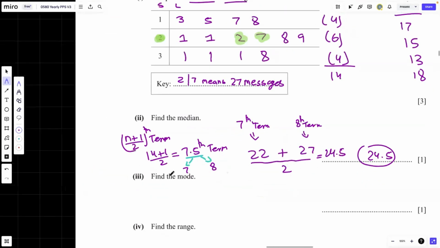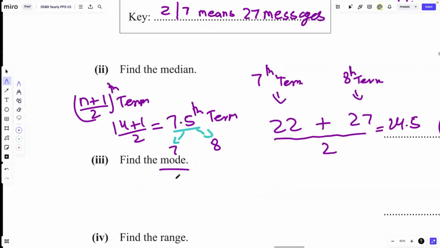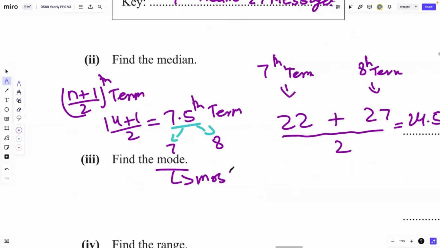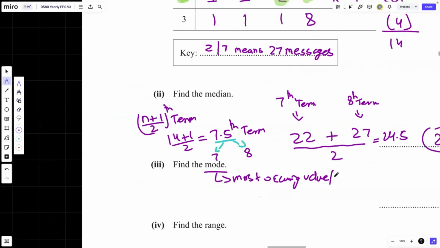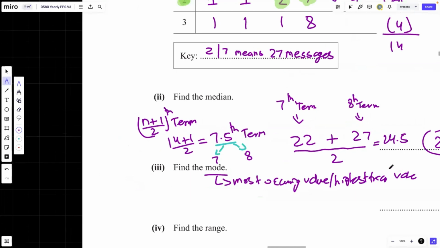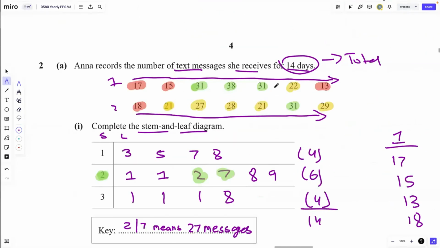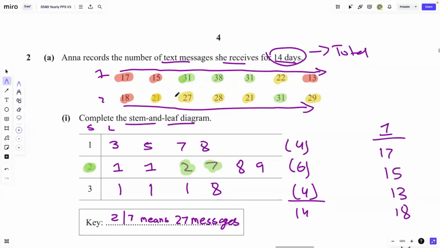That's your median, 24.5. The mode is what? Most occurring value, or value with highest frequency. So we'll just look at the raw data that we have to find the mode, the value that is repeating.